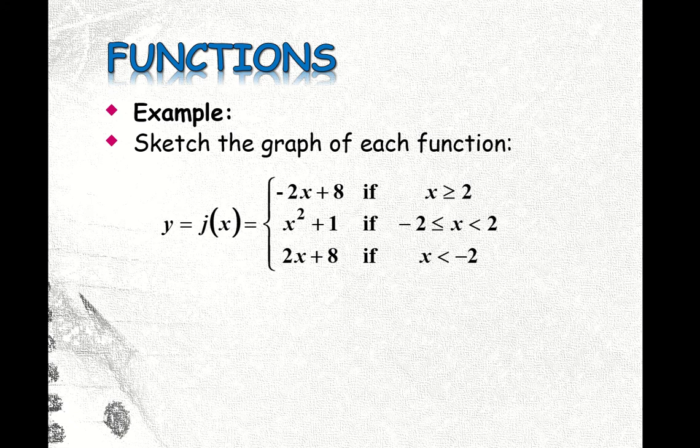And for condition 2, for the values between minus 2 and positive 2, excluding 2, you have x squared plus 1. And for condition 3, 2x plus 8, on the interval x less than minus 2. So what are values less than minus 2? We have them on the left of minus 2.